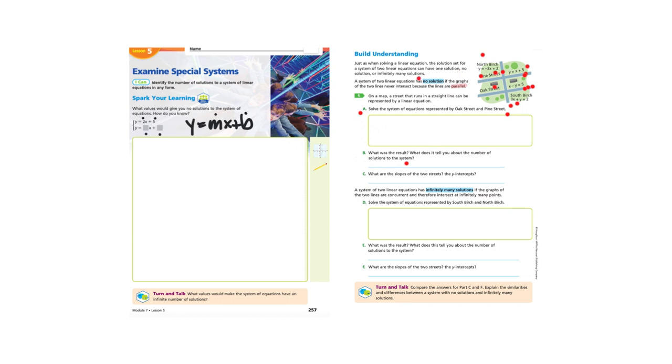One thing that you can think about from what they tell you up here and just looking at those lines, what do you think might happen, and then see if when you solve it that actually happens. What are the slopes of the two streets and what are the y-intercepts? So you may want to change, because this is in the slope-intercept form, easy to see the slope and the y-intercept, change this equation maybe to that same form, and you'll be able to see the slope and then y-intercept more easily.